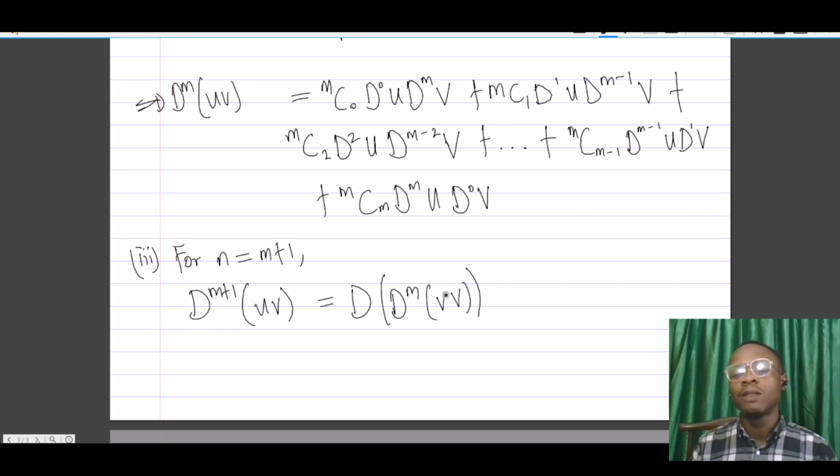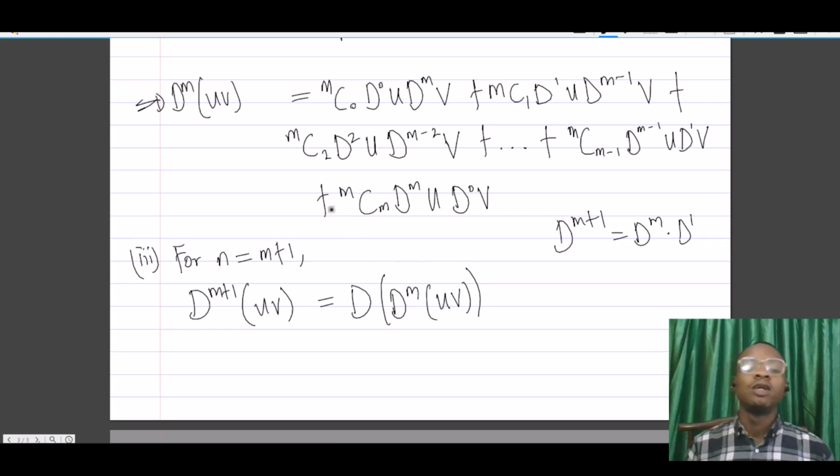So this is uv, we have u and v. You can just see that d to power m plus 1 is the same as d to power m multiplied by d to power 1. So you can arrange that as the derivative of the mth derivative of uv.